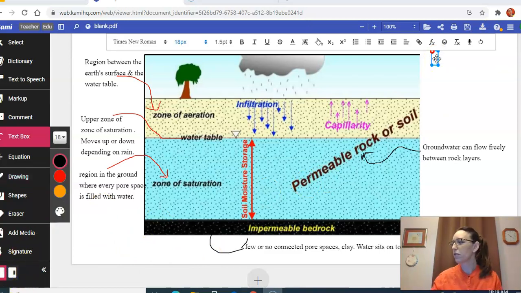All right, and so infiltration, okay, and that's going to be the process. That's the process by which water on the ground surface enters the soil. So process.